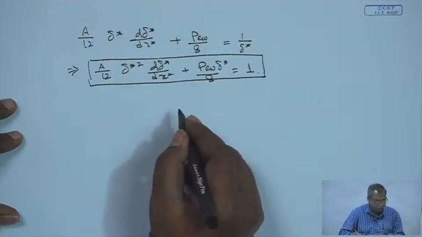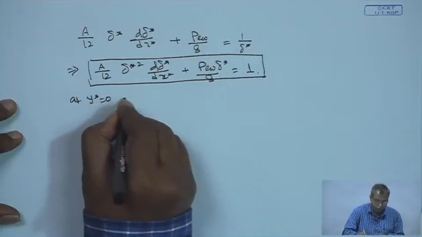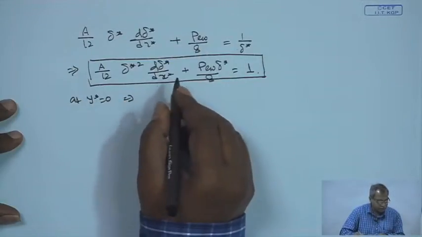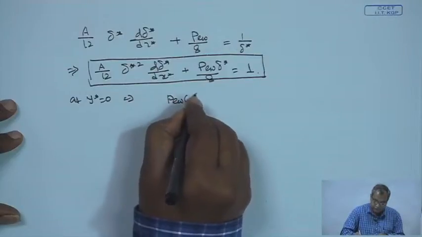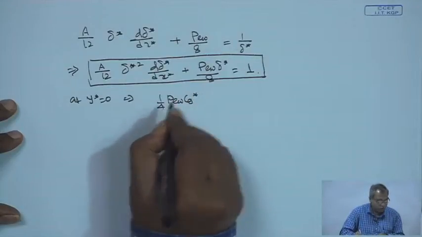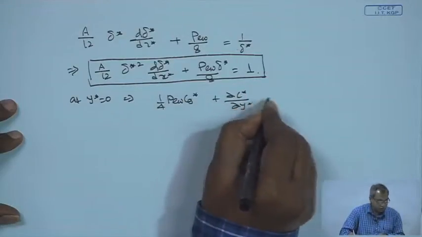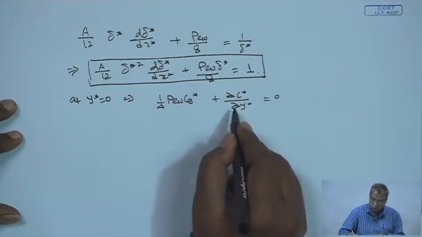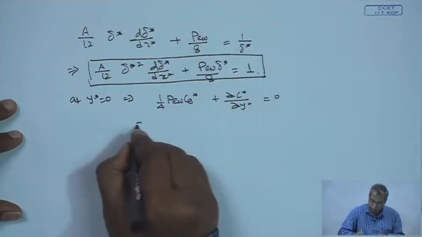Let us look into the boundary condition at y star is equal to 0. So, we have already seen that P w C g star by 4 plus del C star del y star will be equal to 0. So, we have the expression of del C star del y star and put it there.